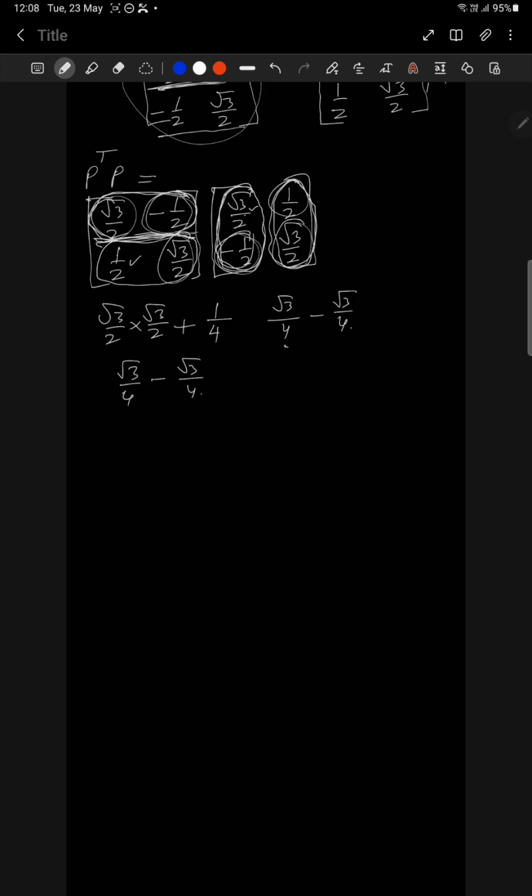Then again we have to multiply this row to this column, so it becomes 1 by 4, and root 3 by 2 into root 3 by 2 will give you 3 by 4. So the new matrix is this.